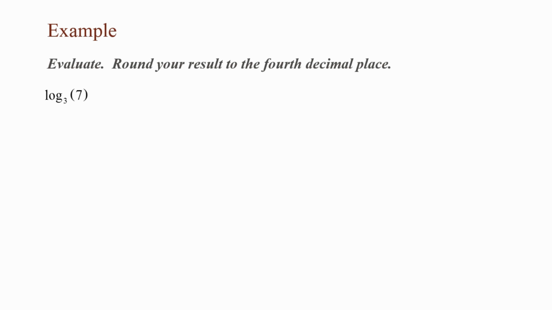In this example, we want to evaluate and round your result to the 4th decimal place, log base 3 of 7. So using our change of base property, I want to choose for my base a to be 10. So log base 10 of, in the numerator, you want what's in your parentheses, 7, divided by log base 10 of 3.